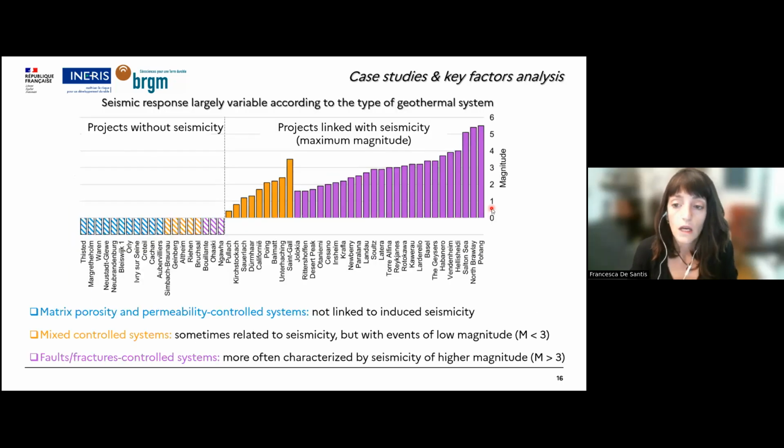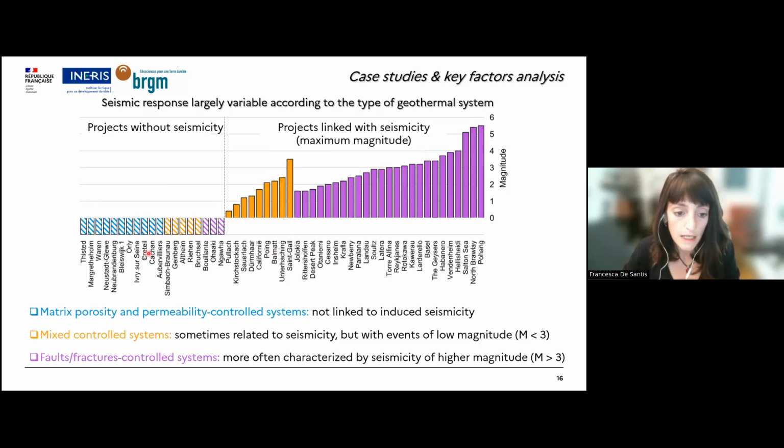So the first result which came out from the case study review is that the seismic response is largely variable according to the type of geothermal system. So here on the left of the chart, you can see the projects which are not related to induced seismicity, and on the right you can see projects related to induced seismicity, for which we have indicated the maximum magnitude which has been recorded.